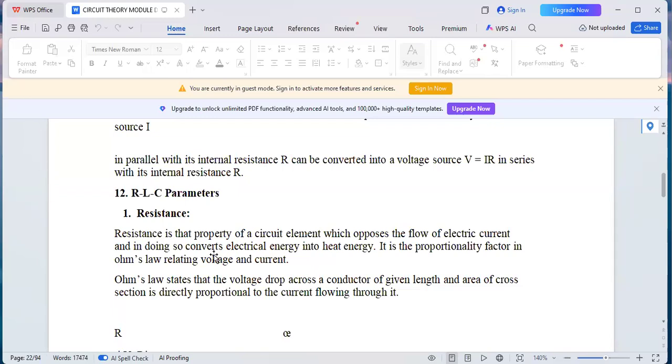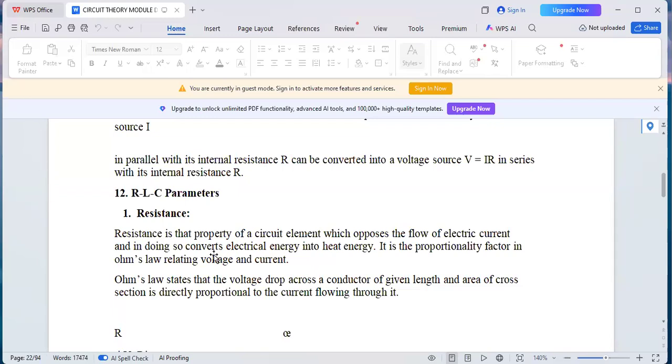It is the proportionality factor in Ohm's law relating voltage and current. Ohm's law states that the voltage drop across a conductor of a given length and area of cross-section is directly proportional to the current flowing through it.